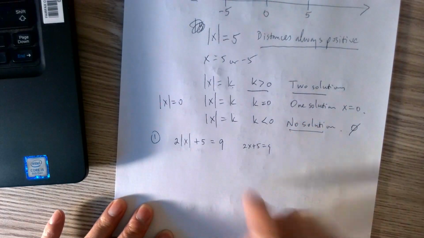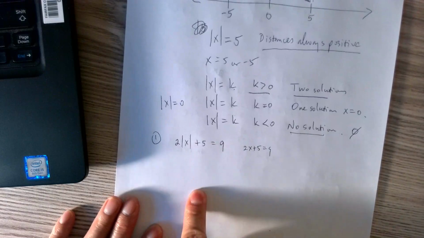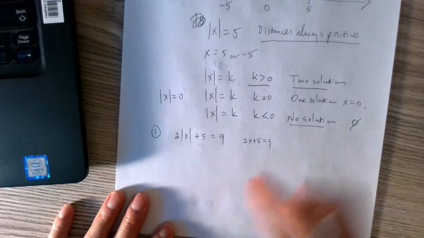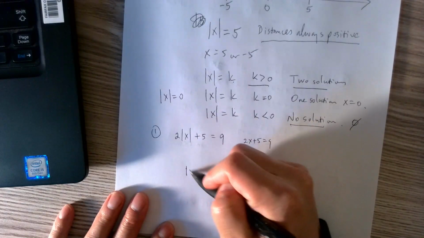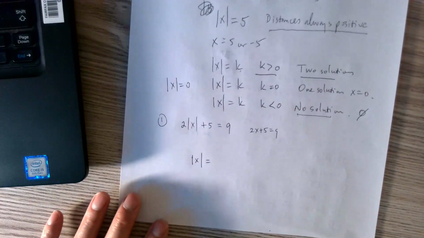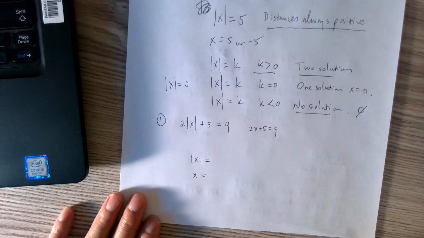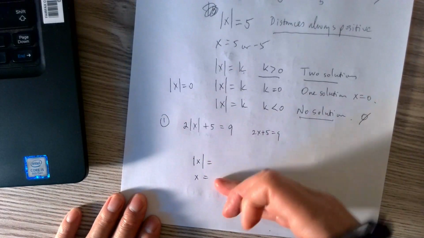The only difference is, instead of x, I have the absolute value of x. Well, when you're solving an absolute value equation, the objective, the destination, is absolute value of x. And then after that, there's one extra step to get x equals.